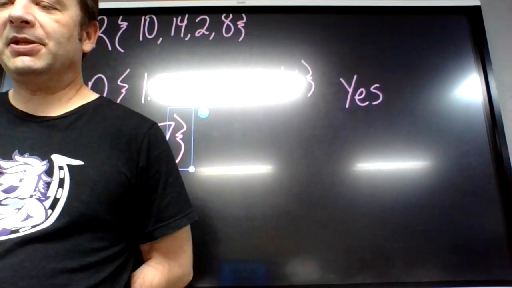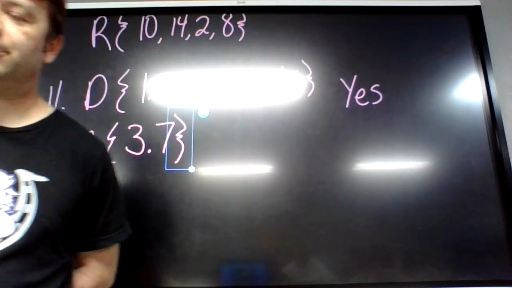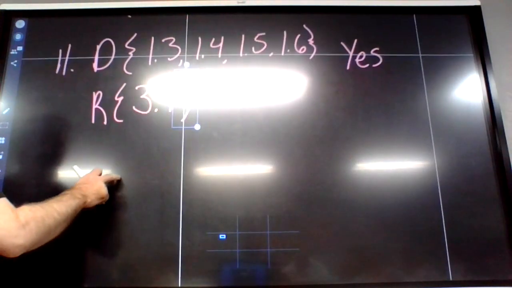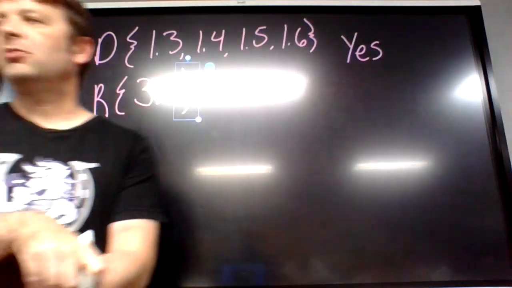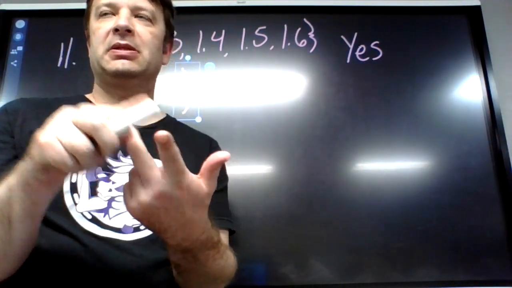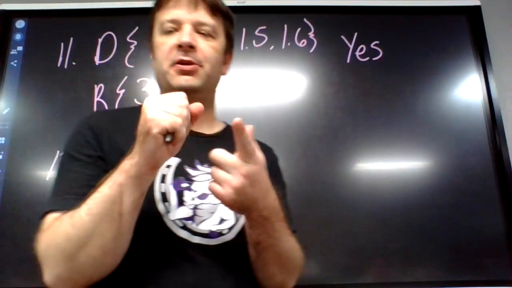13. So we gotta say if it's a relation and a function. This is actually a matching section. We got three options over on the right. What's the difference between a relation and a function? Okay, what's a relation? Set of ordered pairs. What's a function? A relation where each x value only goes to one y value.